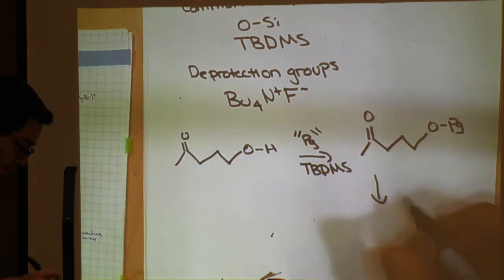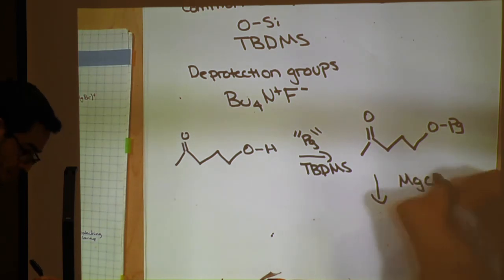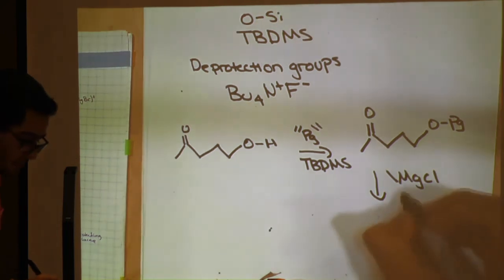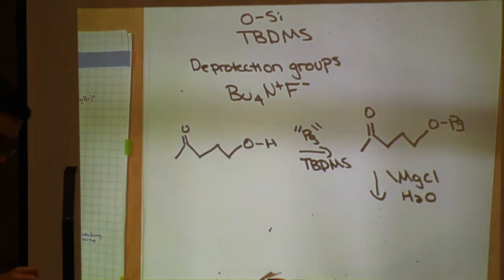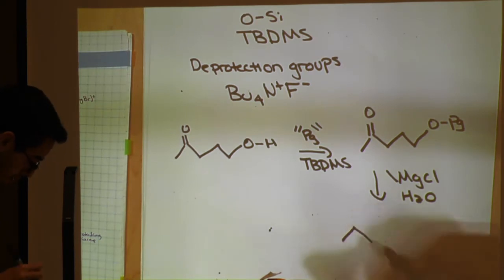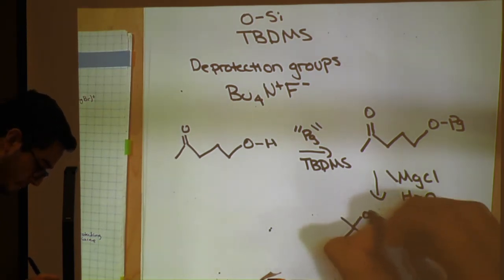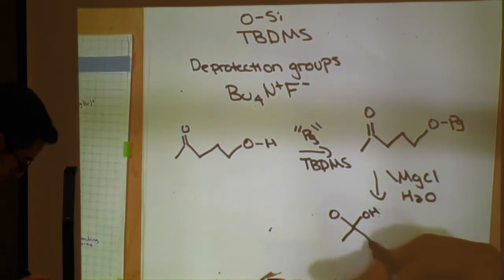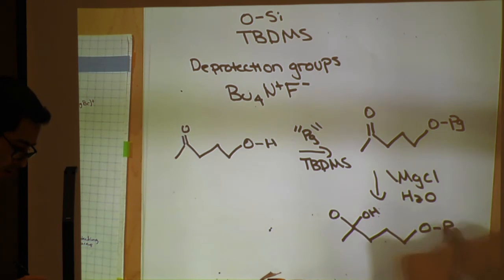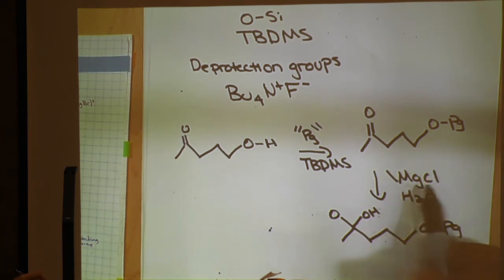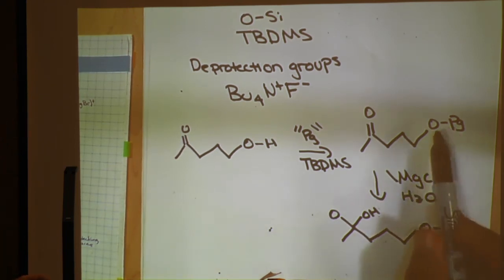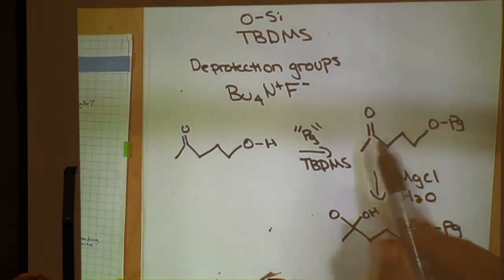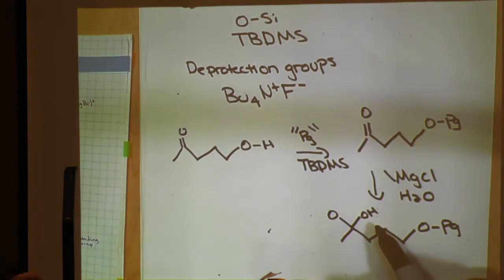From here, we can react with our MgCl. I'll do methyl magnesium chloride. And then we'll also react with water. And so that will go ahead and give us this. So instead of the organomagnesium reacting with this hydroxide, we've protected it, and so it chooses the carbonyl instead, right?